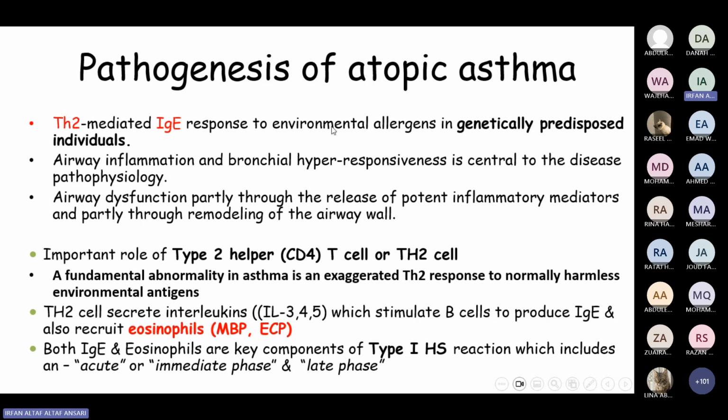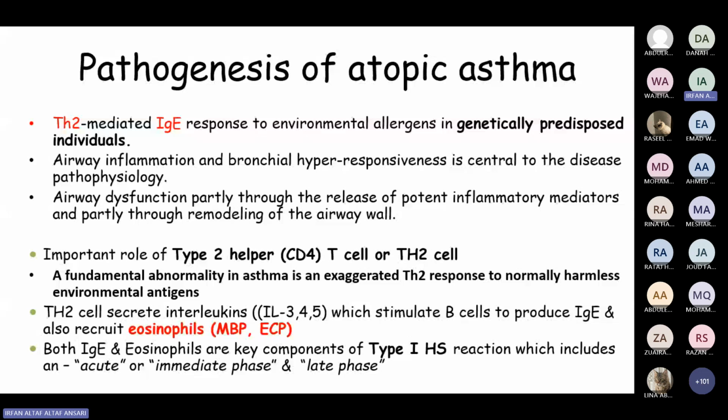Whenever they get exposed to these environmental allergens, there is a series of events which lead to inflammation of the airway and hyperresponsiveness of the airways, which brings inflammatory cells. These inflammatory cells produce different types of mediators and cytokines, and that leads to airway dysfunction. This leads to obstruction and limitation of airflow.